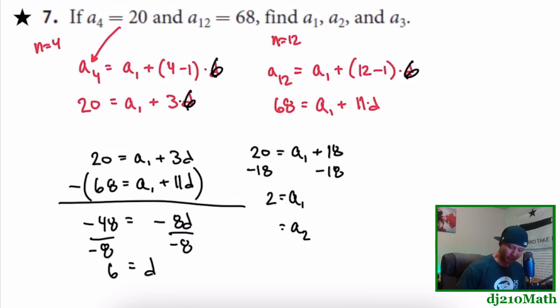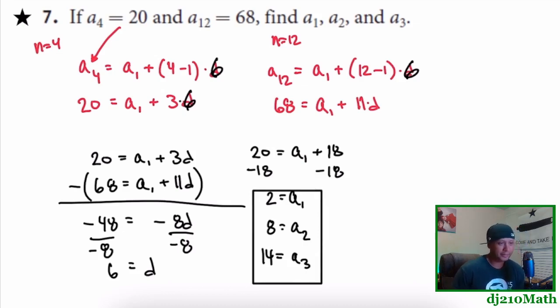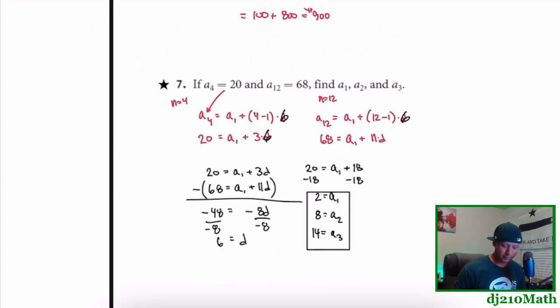So 2 plus 6 would be 8. A sub 3, 8 plus 6 would be 14. So a sub 1, a sub 2, a sub 3 are found. Dang, a system of linear equations came out of nowhere. Good thing we already learned that.